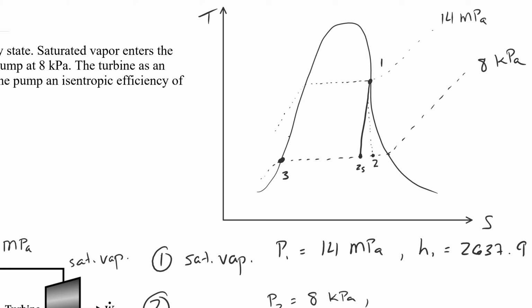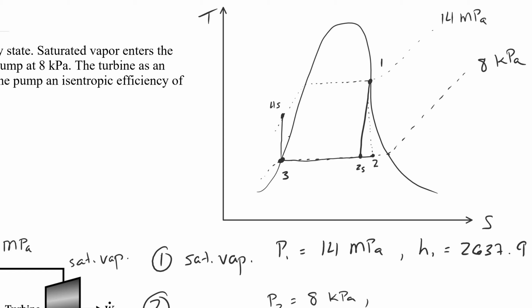All right, so state 2 to state 3, we're going to cool the fluid as before so that we have a saturated liquid entering the pump. In an ideal pump, of course, we would come straight up to the next isobar at 14 megapascals as before. This ideal process is going to connect states 3 and 4S.